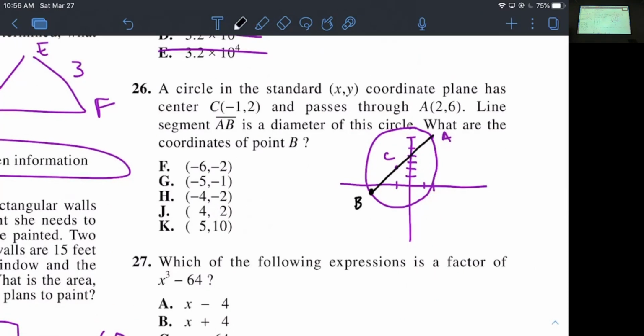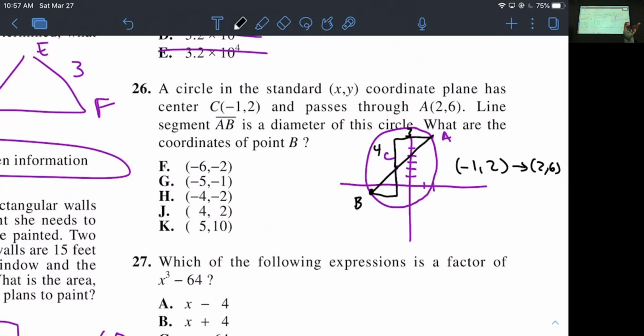However I move to get from point C to point A, I'm going to do those in reverse to get to point B. To go from point C to point A, I went from -1, 2 to 2, 6. How many did I rise and how many did I run? I rose up 4 and I ran over 3.